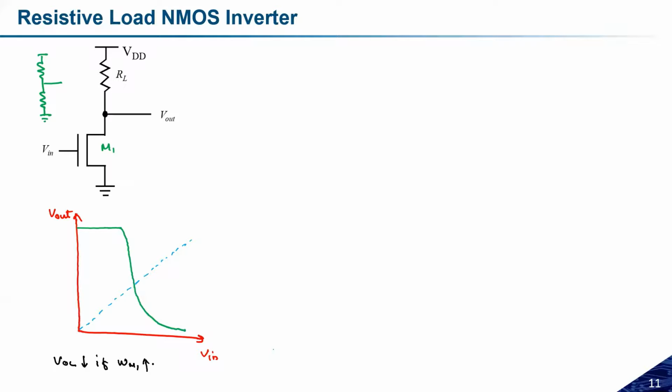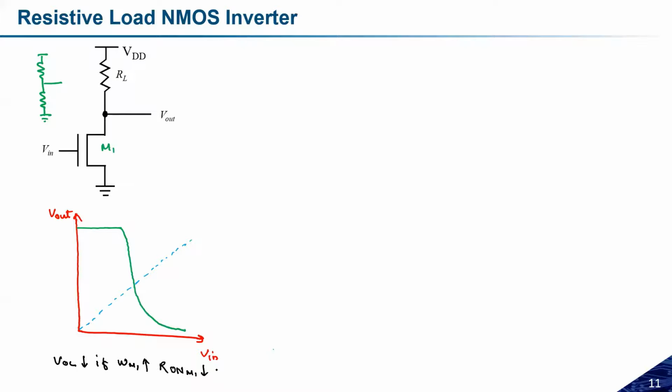If I keep on increasing the width of transistor M1, it is going to reduce the R on resistance of M1. So the R on of M1 is going to reduce, and if it is reducing, the VOL will reach a lower value. You need to forcefully pull down the logic level if the input is high. This is the condition which you need.